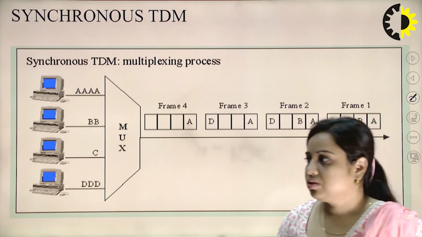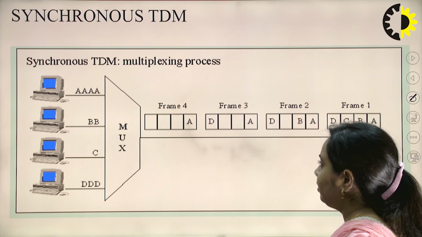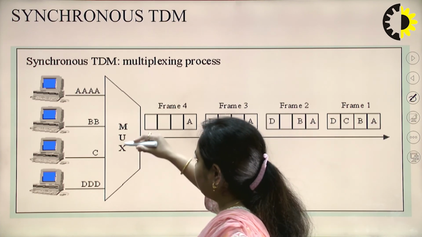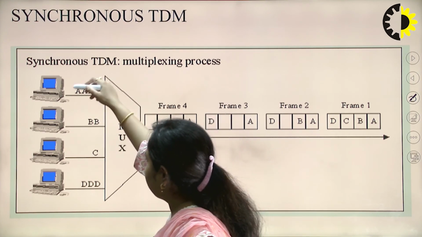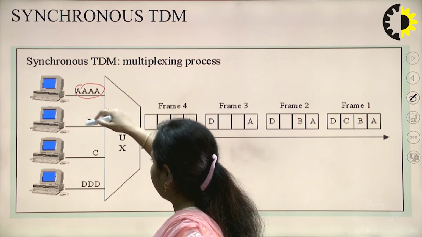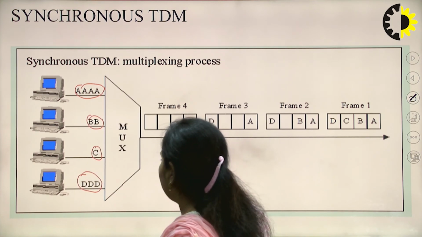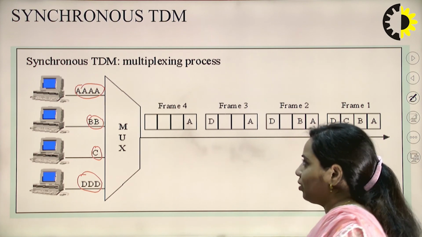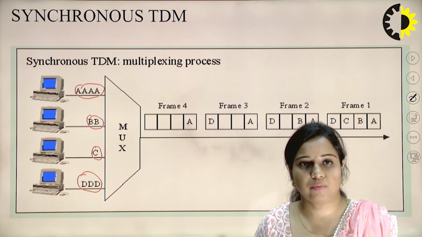So this is the synchronous TDM system, you can see. Synchronous TDM is a multiplexing process, where you can see this is the mux. There are 4 different users connected. You can see that there are 4 bits for user 1, 2 bits for the second user, 1 for this one, and 3 bits for user 3. All these signals have to be multiplexed together, and in the case of TDM, frames will be formed.